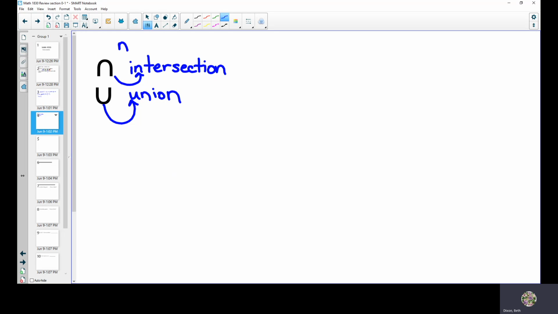But those are the two words. When we look at two different sets, we can combine them with one of these two words. And if we look at three sets, we can use these two words together.